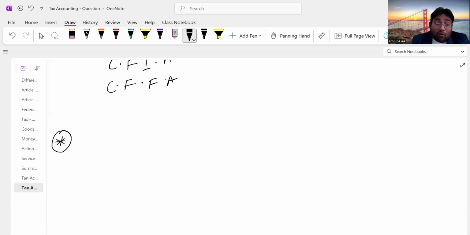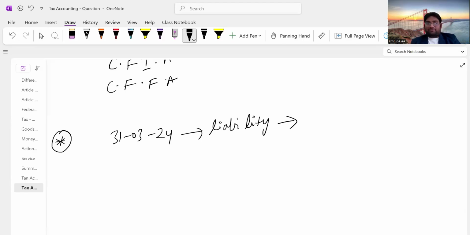What is the income tax liability as on 31st March 2024? Liability means which you have not paid. I'll give you 2 seconds to think. The liability is very clear, 10 lakhs.